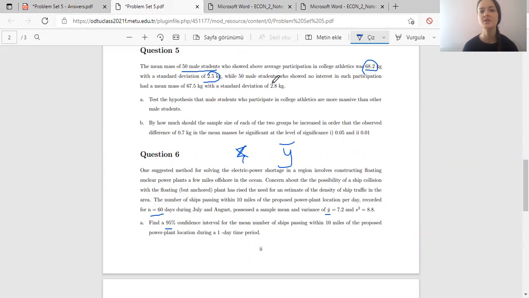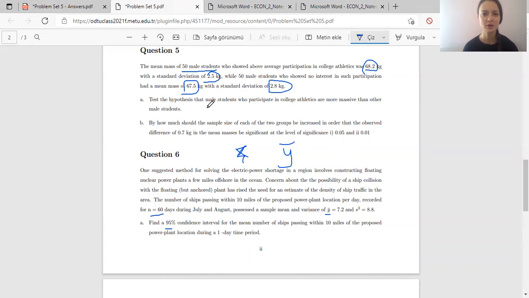And we have another 50 students who show no interest in college athletics, and they have a mean mass of 67.5 kilograms and a standard deviation of 2.8 kilograms.